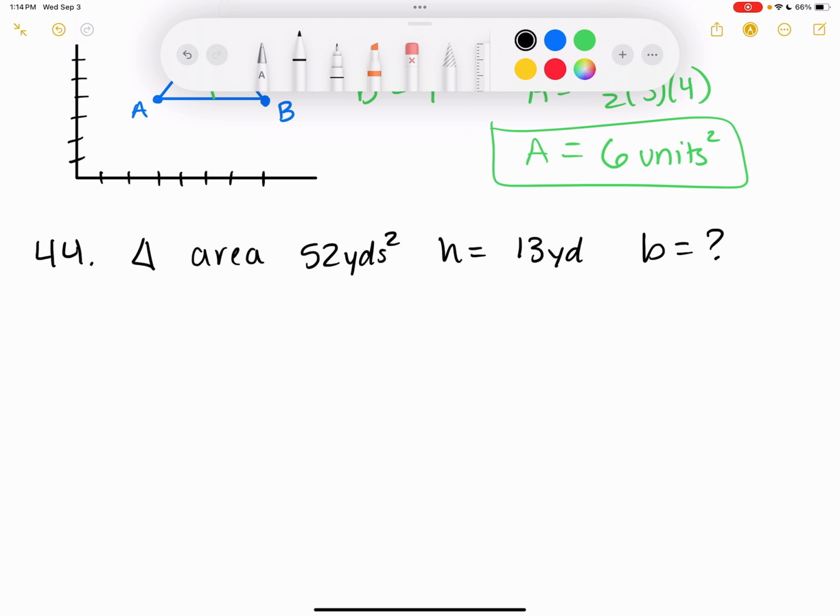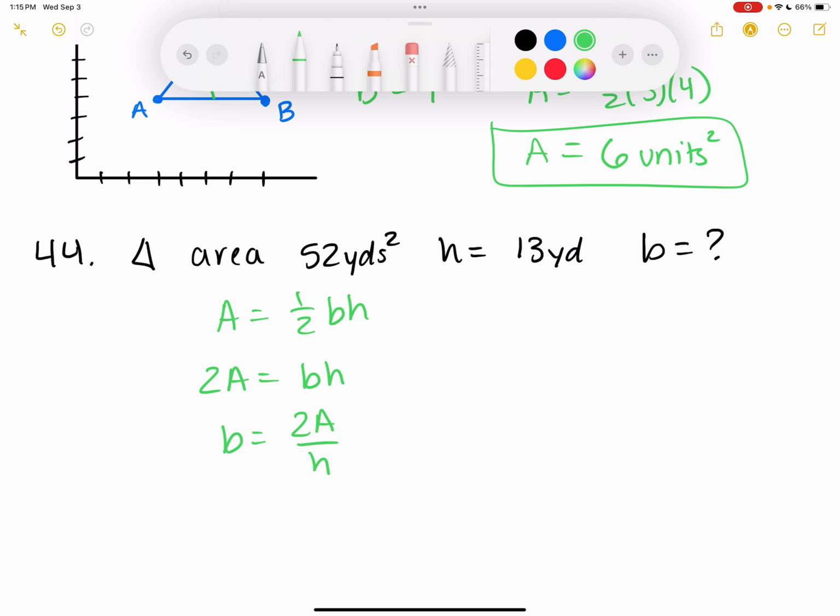All right, so they want us to find the missing piece. Amazingly enough, I chose a triangle again. So area of a triangle is 1/2 base times height. We know the pieces that they've given us. I'm solving for B. So if I want to get B by itself, I would multiply by 2. So I'd have 2 times A is equal to B times H. Then I can divide by H. So B is equal to 2A over H. And now I can plug in my numbers.